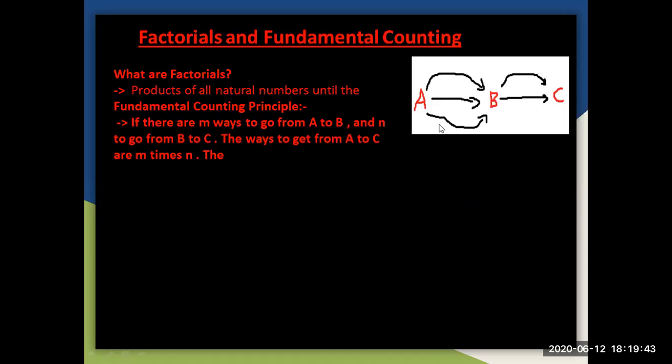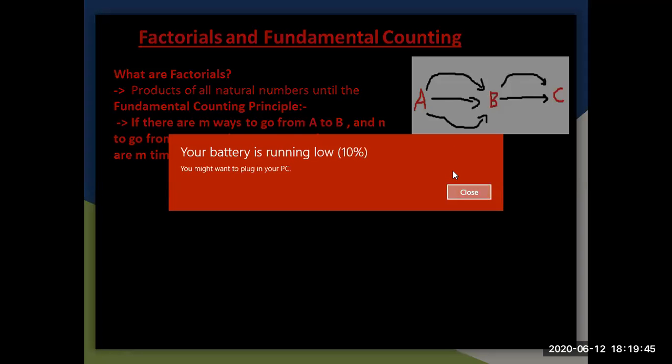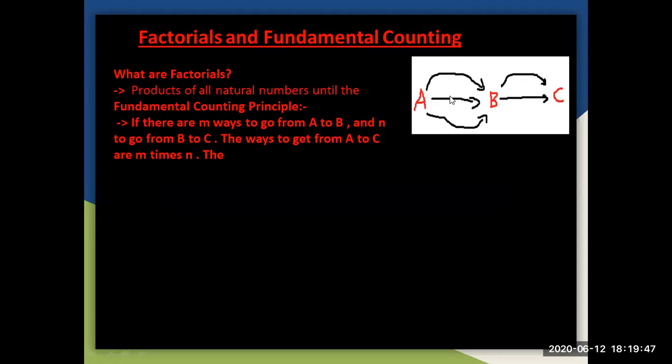And if you have to get either from A to B or from B to C, it is 3 plus 2 in this case.